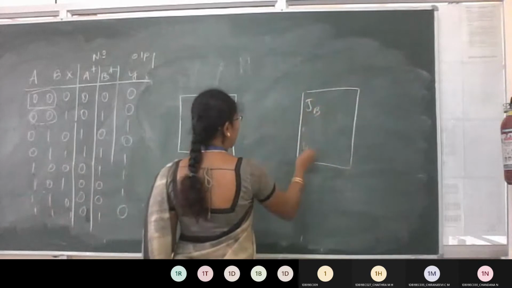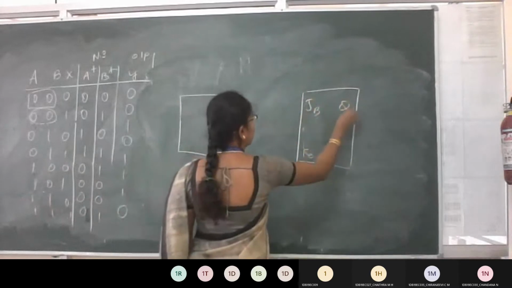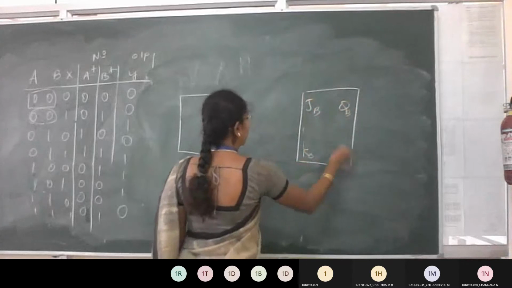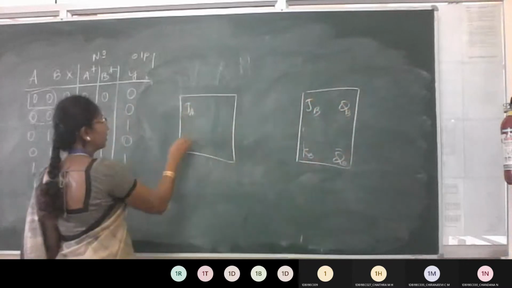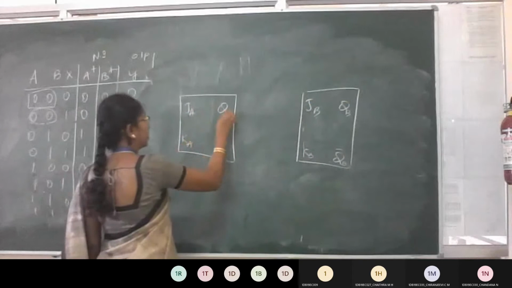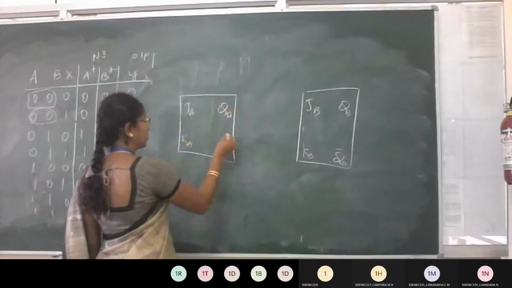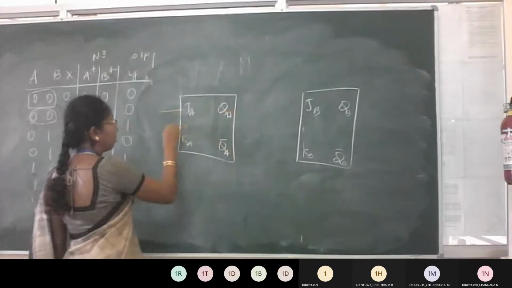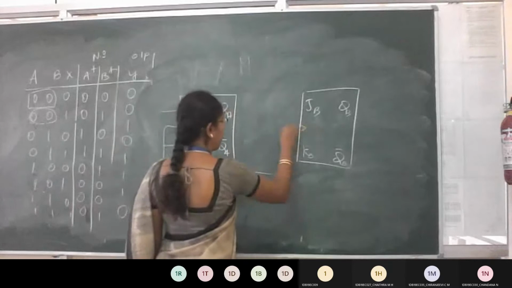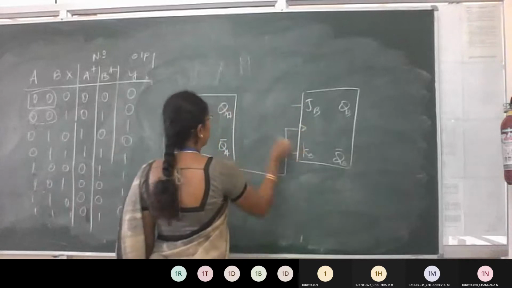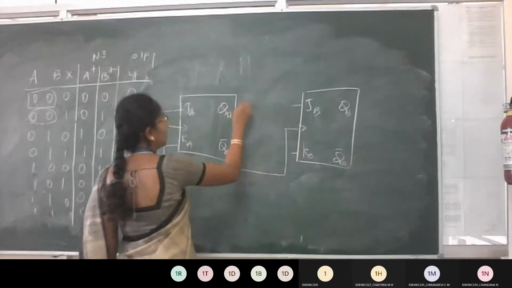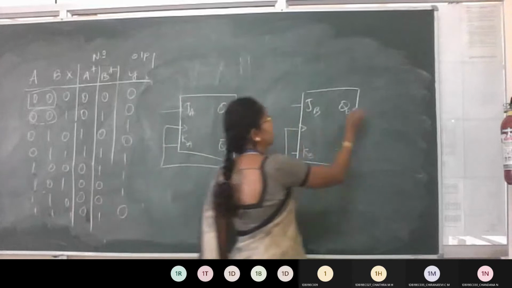So JB, KB, QB, QB bar. Similarly JA, KA, QA, QA bar. And a common clock. So always the output QA becomes A, and QB becomes B.